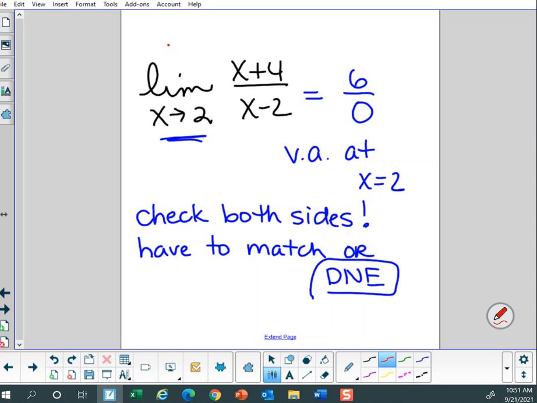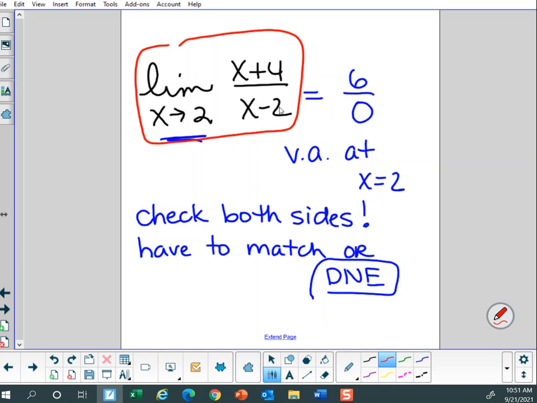So essentially on this kind, I'm not going to ask you for the numeric support because you'd have to do 2 tables, and I don't even want to do it. I'm the math teacher, and it makes me want to roll my eyes. How do I know this is probably going to be a D and E? Because I know if it's like this, typically we see it doing things on both sides.